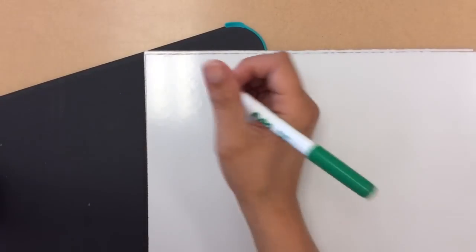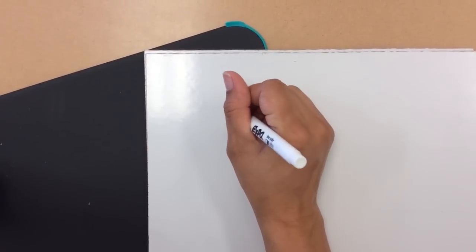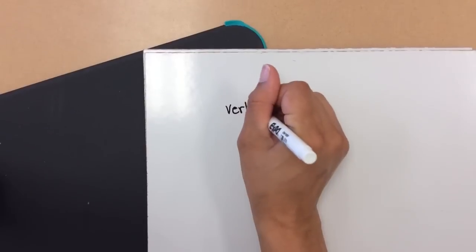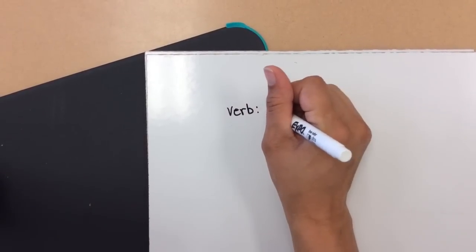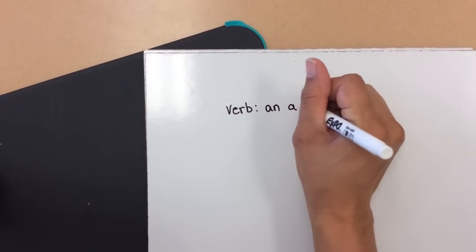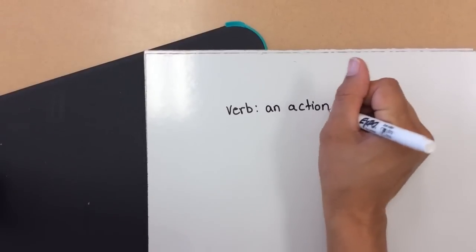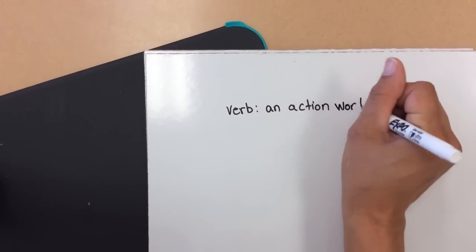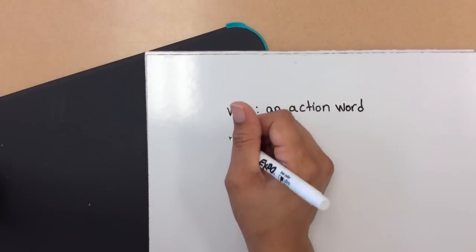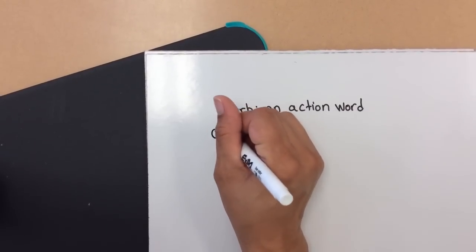We are going to look today at AR, ER, and IR verb conjugation in Spanish. Words that you need to know are verb. A verb is an action word in a sentence. Also, you need to know what conjugate means.